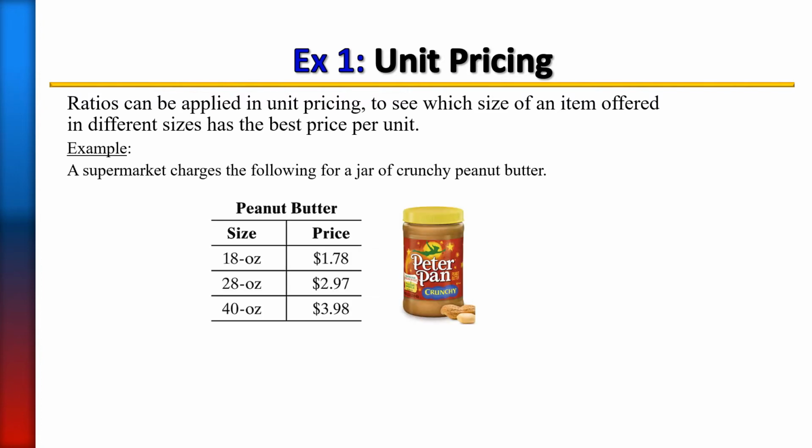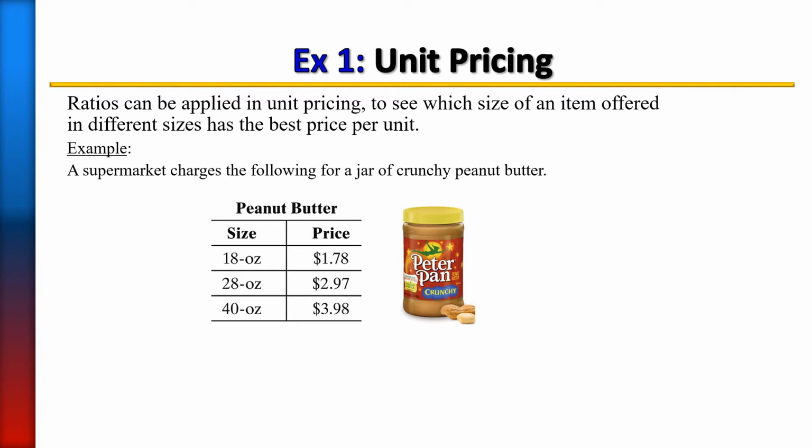So in this case here, a supermarket charges the following for a jar of crunchy peanut butter. There's an 18-ounce size that costs $1.78, a 28-ounce size, and then there's a large 40-ounce size. So we want to know which is a better buy.